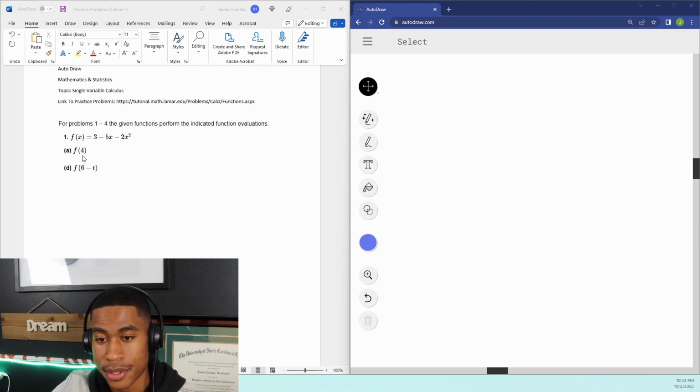But as I looked at it and thought through it, it looks like they give me everything I need. It says f of 4, so I know anywhere that there is an x value, I need to plug in 4.